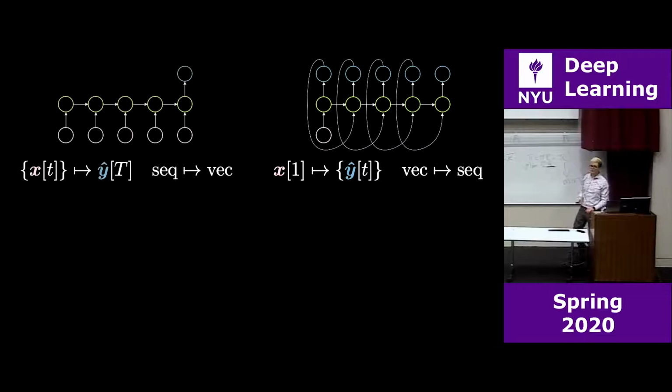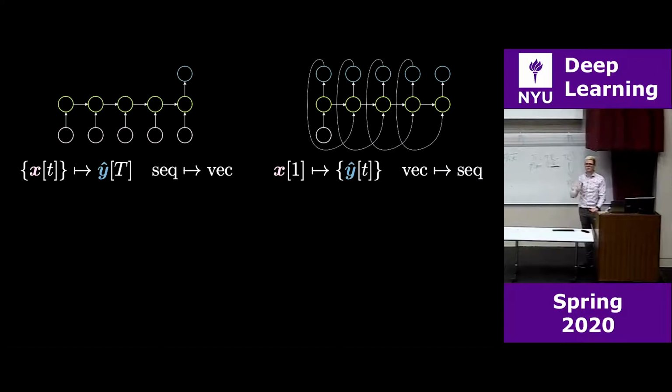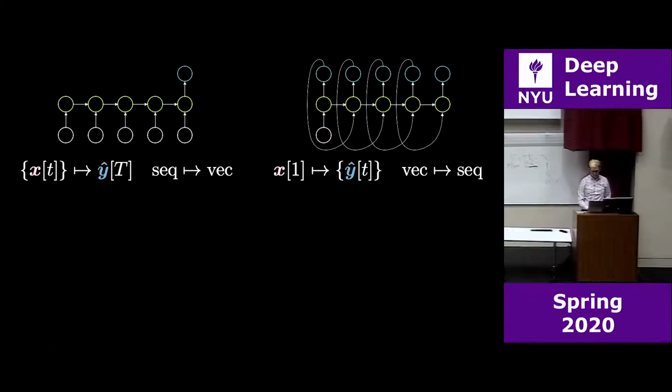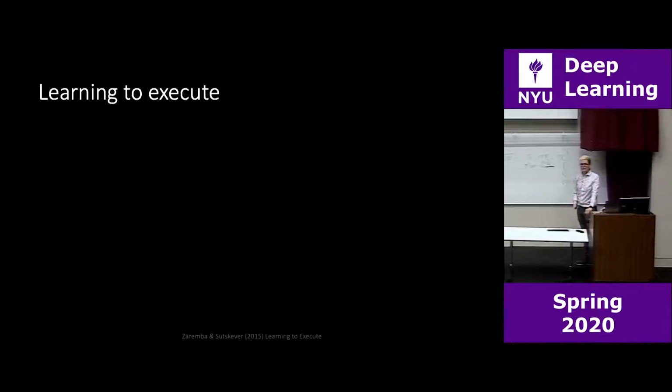On the other side, on the left, I keep feeding a sequence of symbols, and only at the end I'm going to look at what my final output is. What can be an application of this one? Something Jan also mentioned was this one. Let's see if I can get my network to compile Python, or to interpret Python.